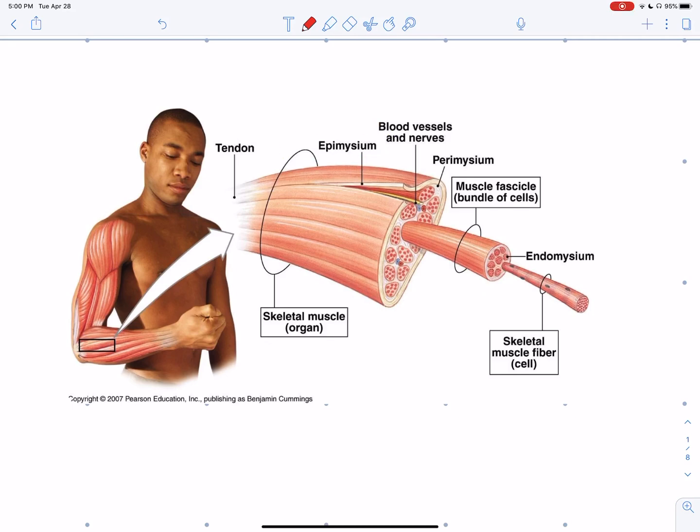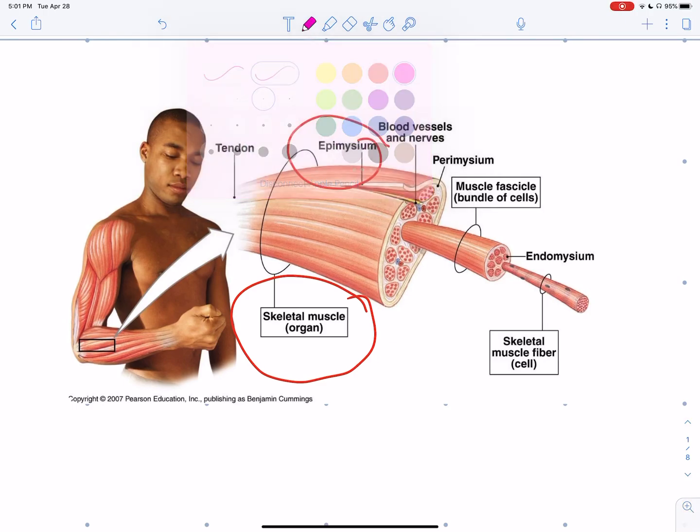So next, we're going to look at the fascicle. The fascicle is the name of the structure. And what covers a fascicle? Well, that's going to be the perimysium. So the perimysium covers the fascicle. So if I go back and look, I can say here that the skeletal organ or muscle belly is covered with the epimysium.